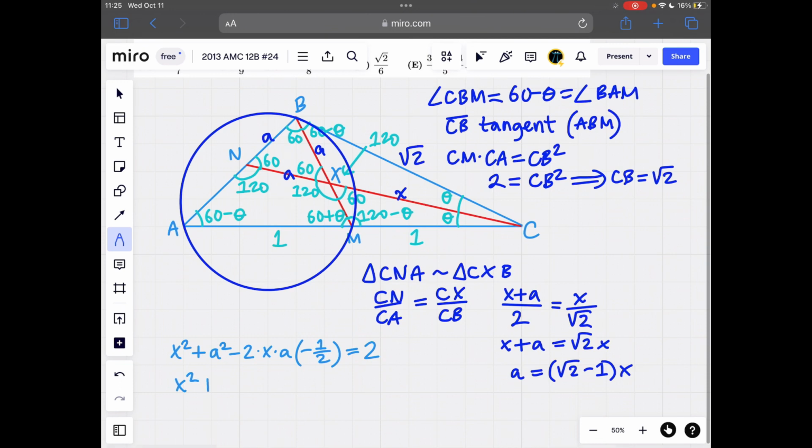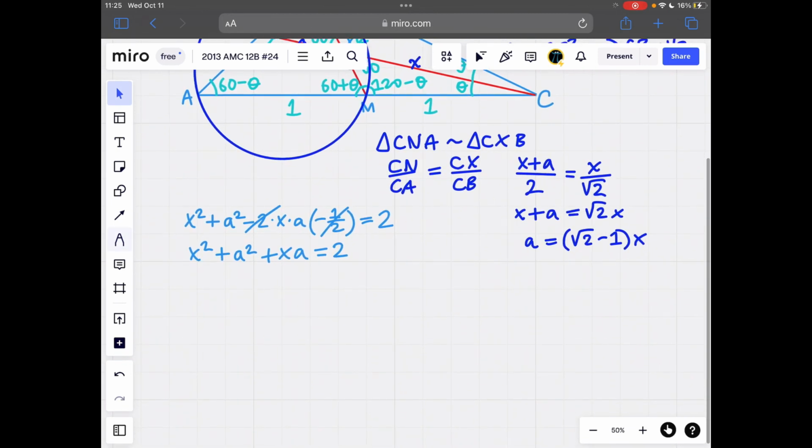So that means x squared plus a squared. Negative 2 times negative 1/2 is just 1, so that cancels out. x squared plus a squared plus xa equals 2. And now is the time to substitute a equals root 2 minus 1 times x.